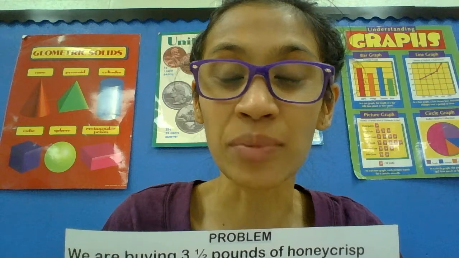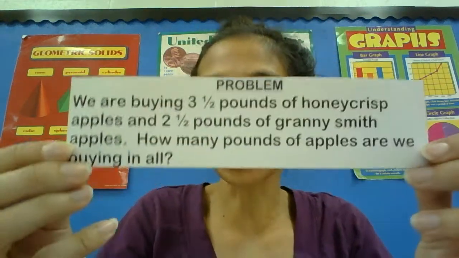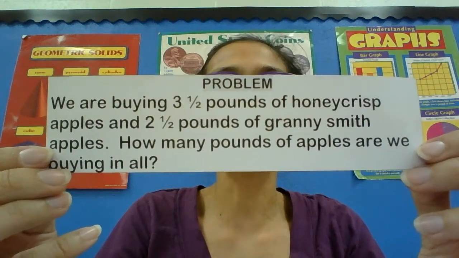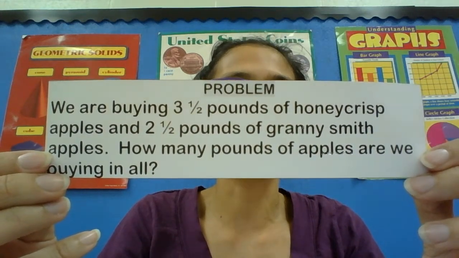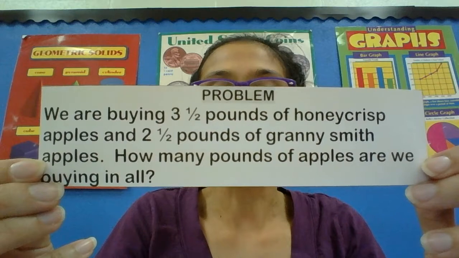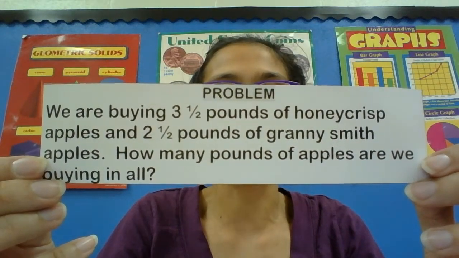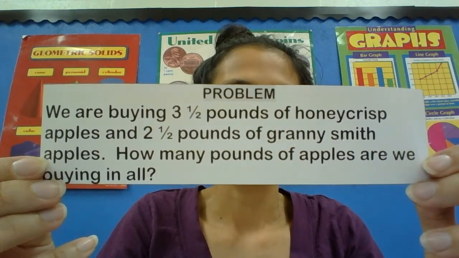Are you good? All right, let me read that again. Pause the video if you need to. We are buying 3.5 pounds of Honeycrisp apples and 2.5 pounds of Granny Smith apples. How many pounds of apples are we buying in all? All right, so that's the problem. That's number 2.